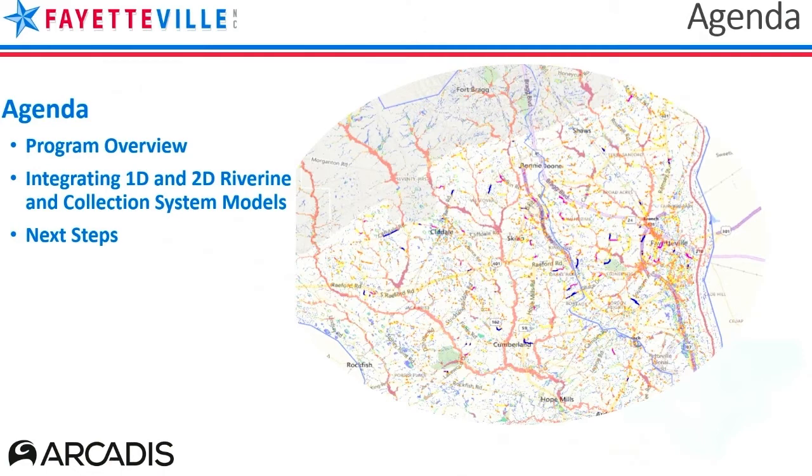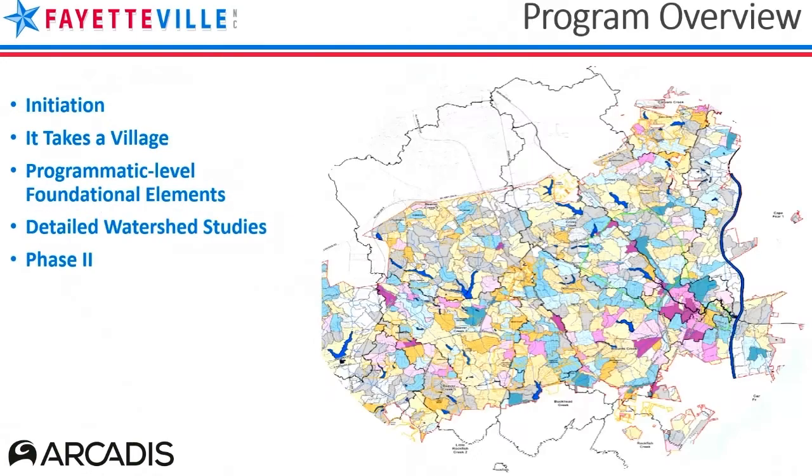So for this talk, I've been asked to give a brief overview of the Citywide Watershed Master Plan Program, how it originated, details about our wonderful team, and what we've been up to so far. And Jeremy will follow, and he'll carry the meat of the program. He'll describe the integration of the 1D and 2D Riverine collection system models for the Blunt's Creek watershed. And then I'll close with the next steps.